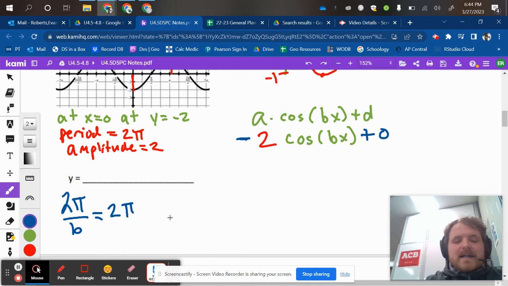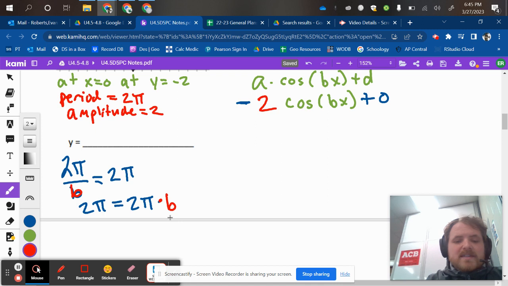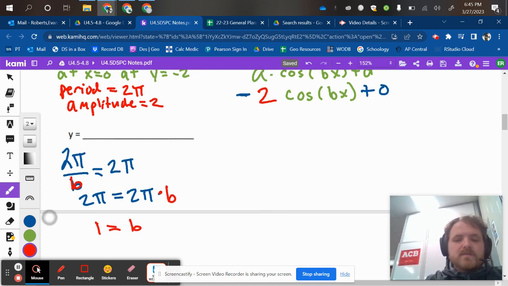So I know that this has to be true. And what makes that stay true? Hopefully, you're seeing that b equals 1. If you wanted to actually solve it, you would just make it 2 pi equals 2 pi times b. And then to get b by itself, you would divide by 2 pi on both sides and get that b equals 1.